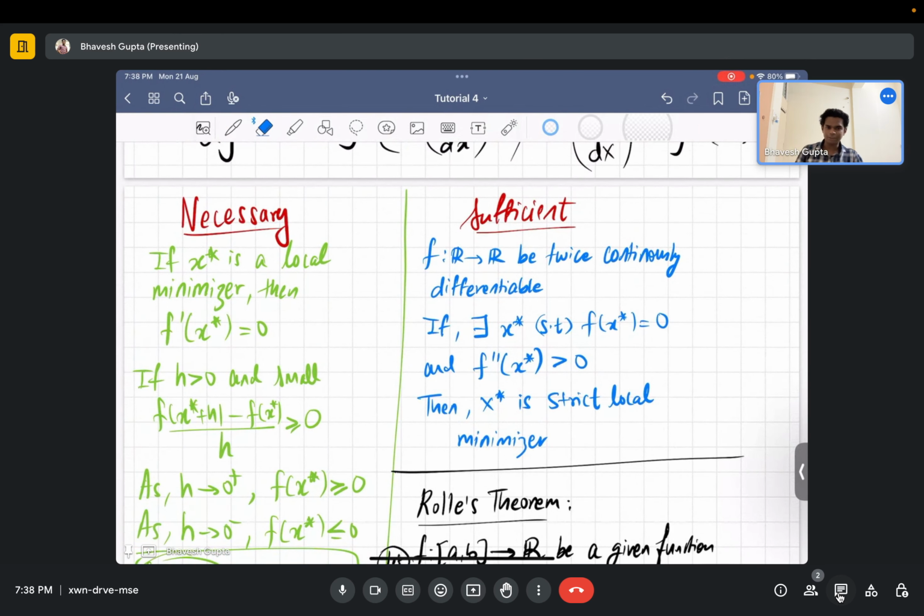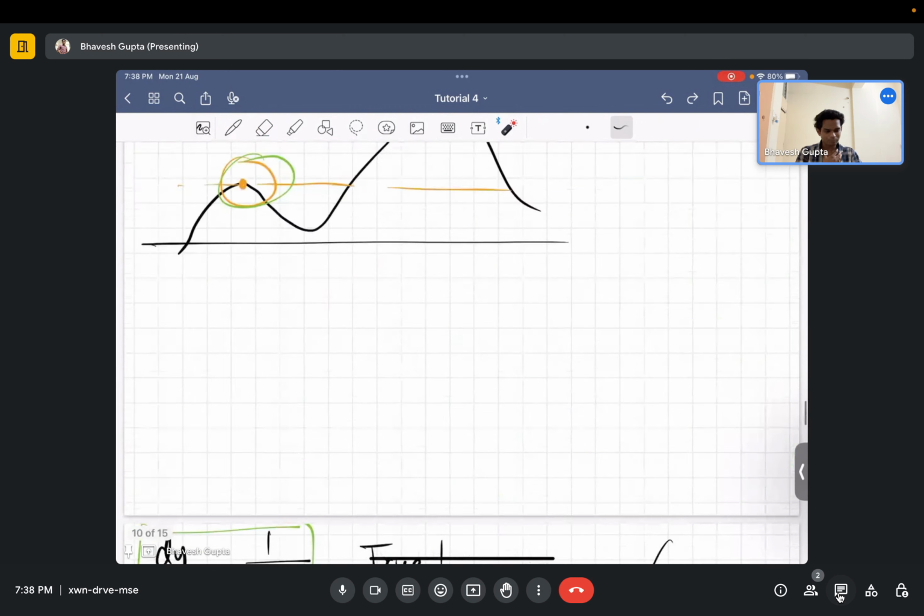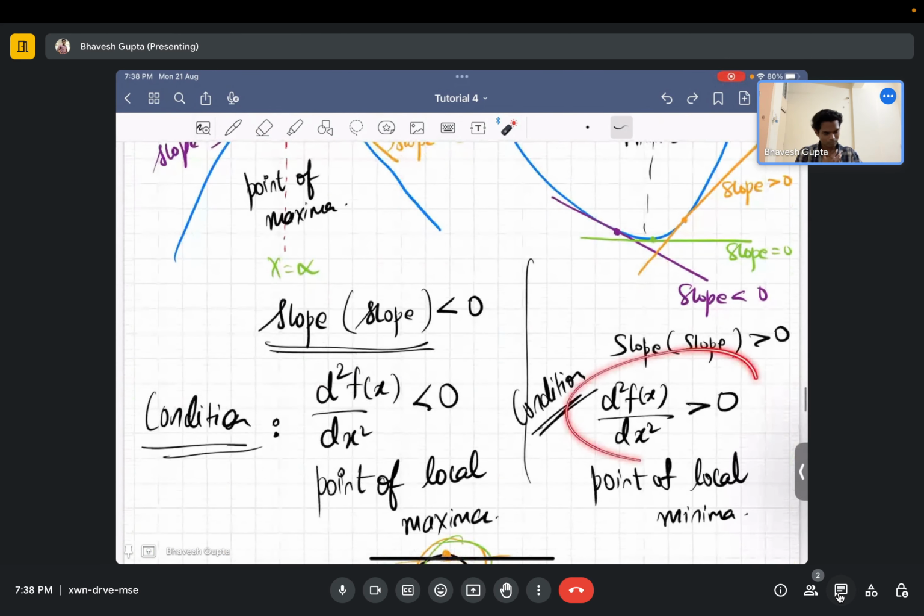And the sufficient condition is this double derivative, and this is what we have shown over here. So this is a sufficient condition to check whether your point is a point of maxima or minima.